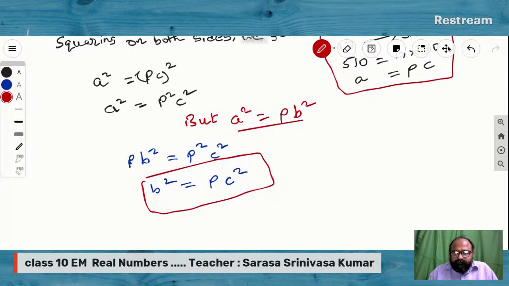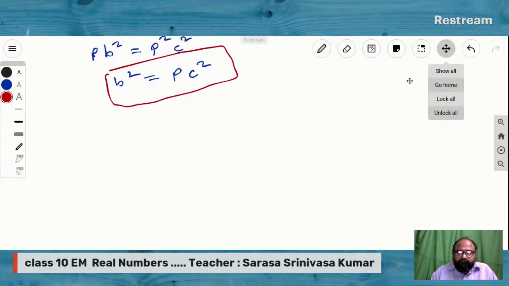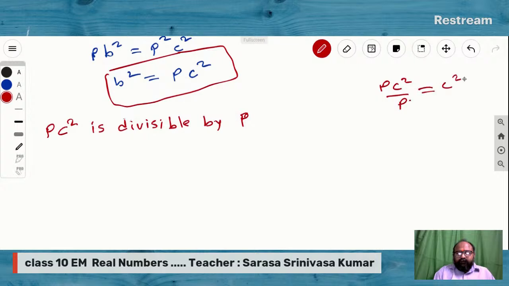The right hand side term, so here PC square is divisible by P. It is very clear. PC square divided by P, we get a C square on cancellation. So we can write PC square is divisible by P.